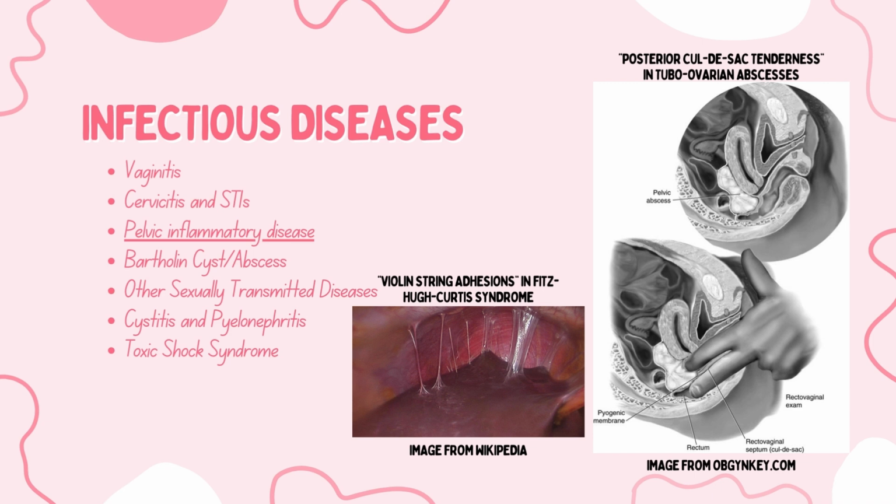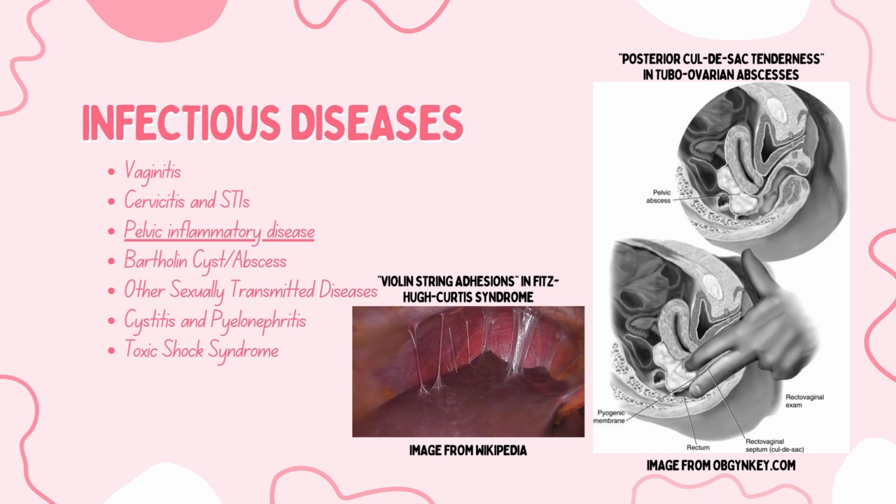So I didn't really understand what a posterior cul-de-sac tenderness was. So I looked it up, and this image I included here will show that. It's kind of like this weird spot that you could reach if you're getting past the uterus. It's a weird location.